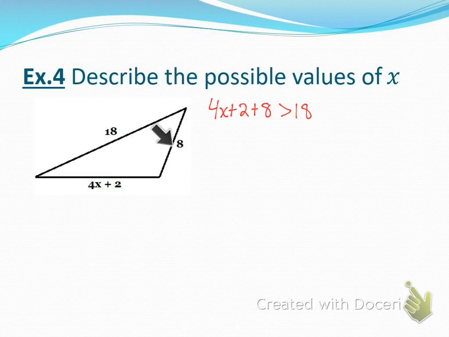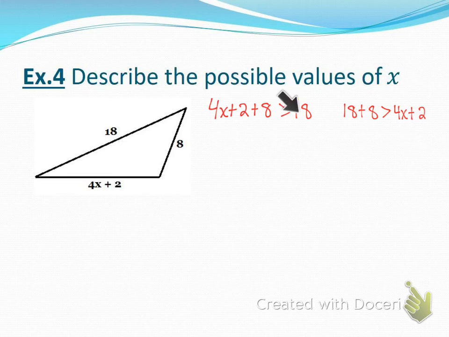So I'm not going to make that one. But the other one I need to make is that 18 plus 8 needs to be bigger than 4x plus 2. From here, this is going to be similar to the last problem. We've just got more steps to solve.